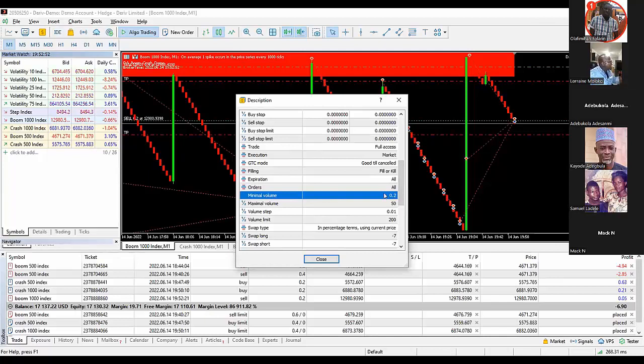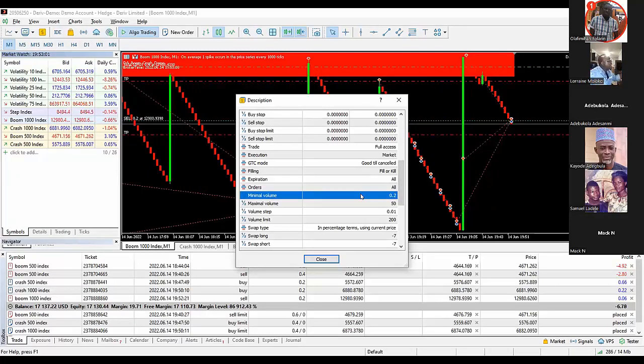That is why this software cannot trade anything less than 0.2, because they have specified that the software will never trade anything below 0.2. So if you see 0.2 in the software, I didn't just put it there. I put it there because Deriv synthetic assets cannot trade anything less than 0.2.